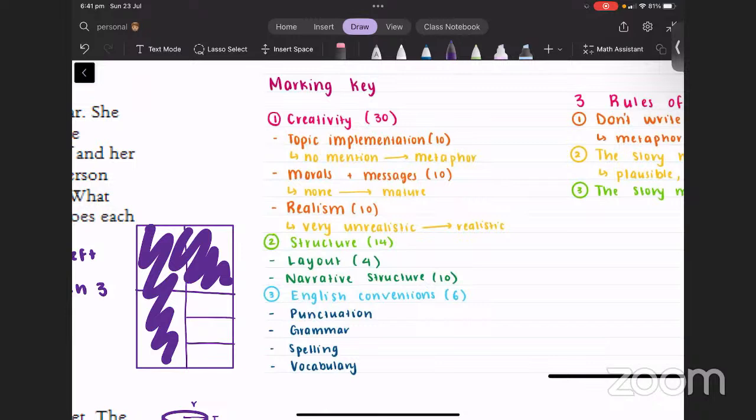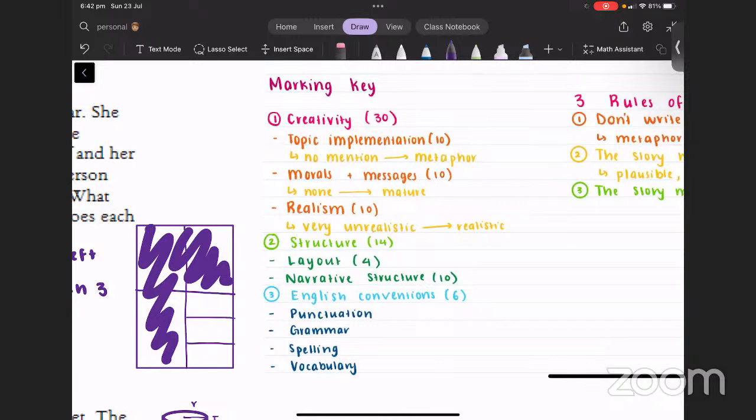And then in terms of English conventions, it's just 6 marks. If you have any spelling mistakes, the general policy is that you get 0 for spelling, as long as you have your punctuation, grammar, vocabulary. You've been learning these at school for a long time, but sometimes with the stress, you have only 30 minutes to come up with an idea and write a full story, some people slip in terms of those.